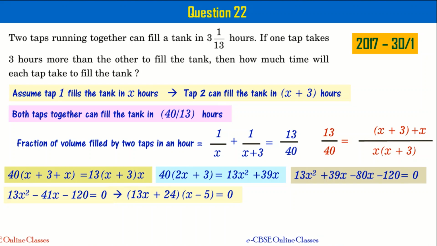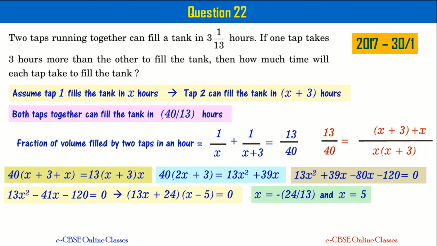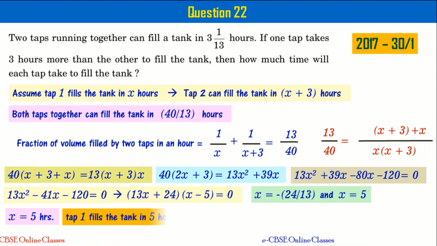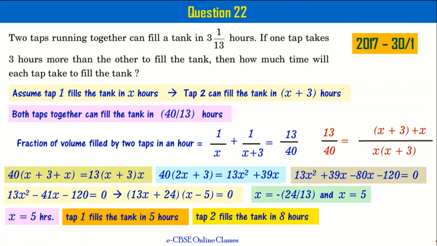We are doing the splitting the middle term method here, right? It means x can be minus 24/13 or x can be equal to 5, right? The negative number you cannot take because time cannot be negative. So x equal to 5 hours is the answer. It means tap 1 can fill the tank in 5 hours and tap 2 can fill the tank in 8 hours. Please take a note of that.